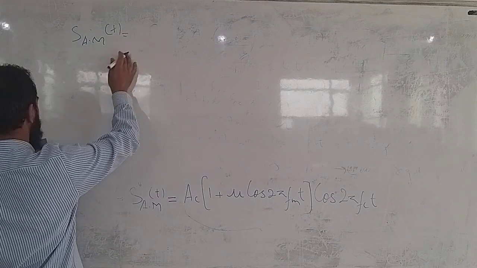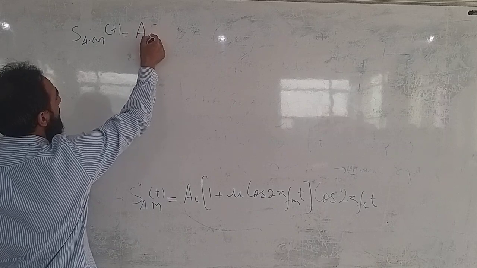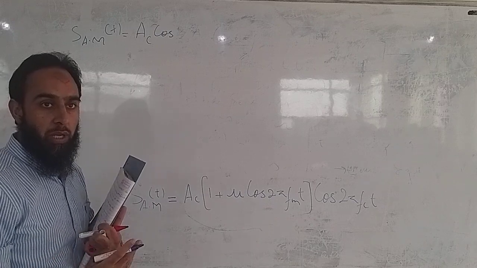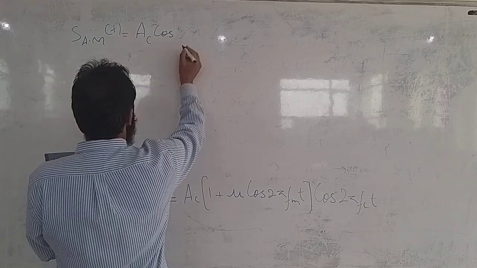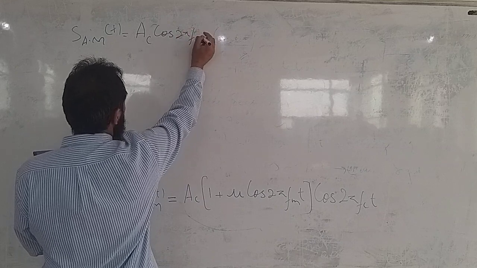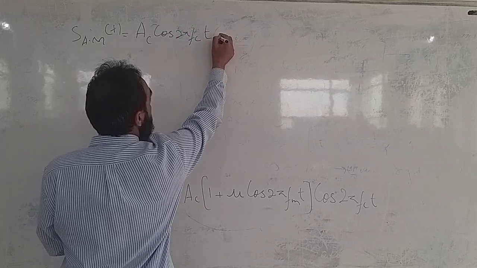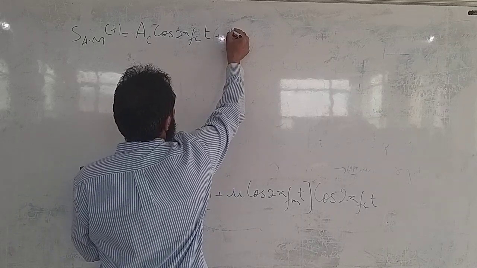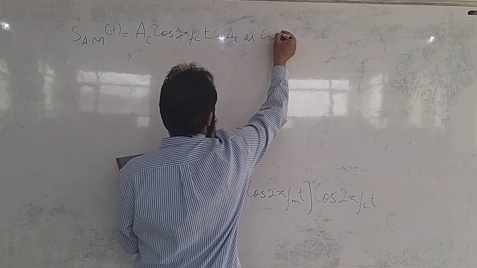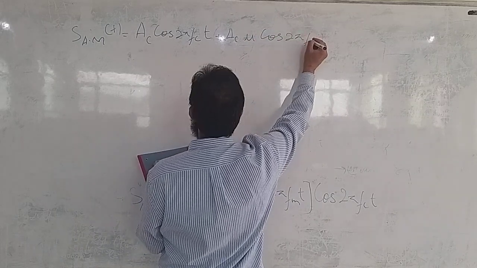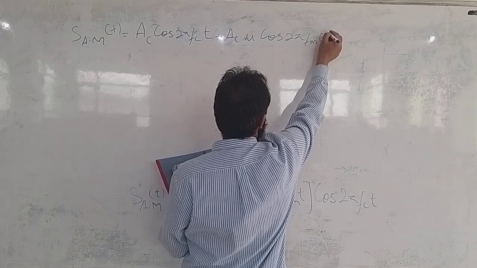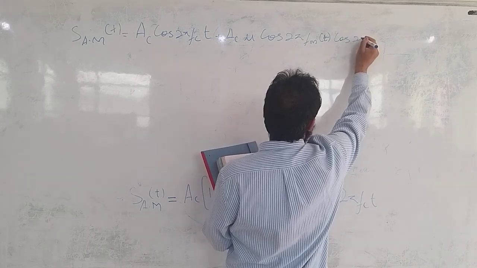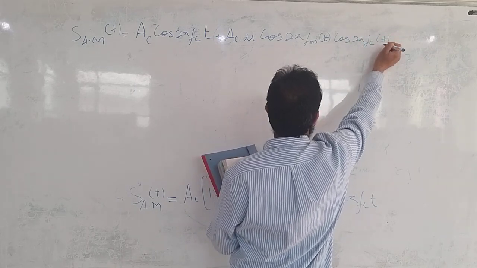So S of AM of t is AC, I need your attention over here. AC cos of 2 pi fct plus AC mu cos of 2 pi fmt into cos of 2 pi fct.